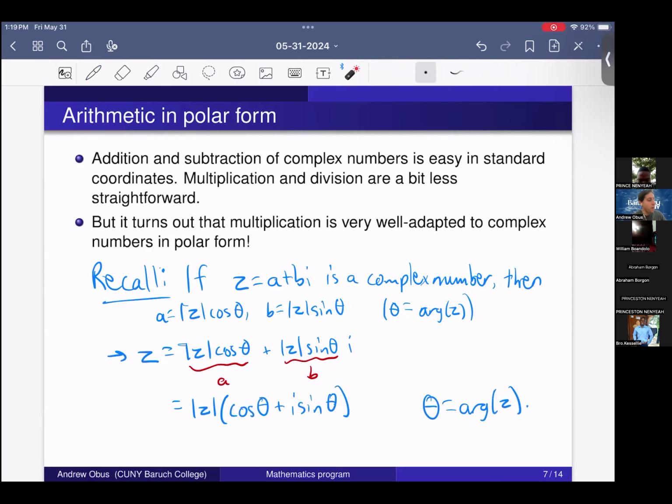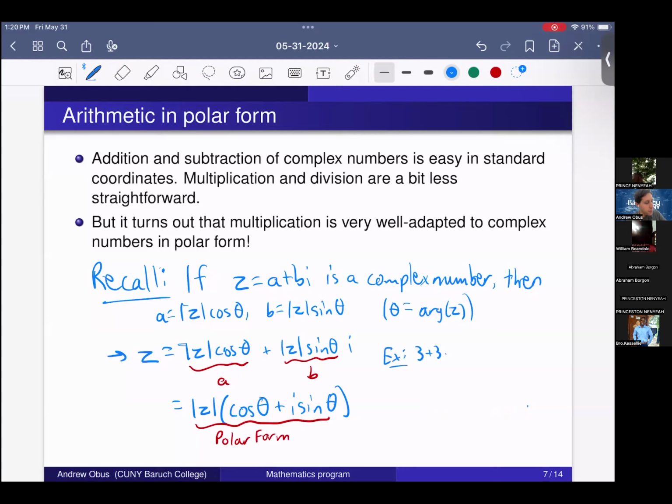So if I want to write a complex number, I can write it as its absolute value times cosine of its argument plus i sine of its argument. And this form for writing a complex number is called polar form. So in our example, we had 3 plus 3i.